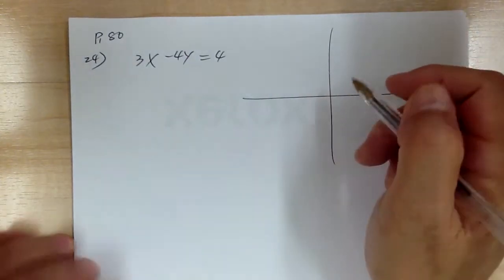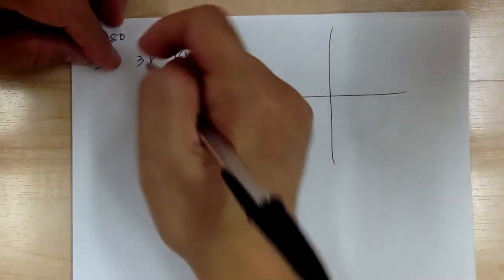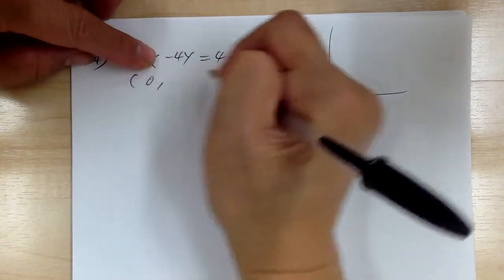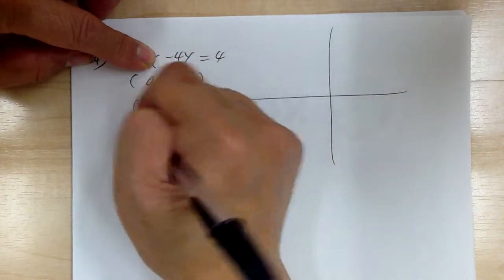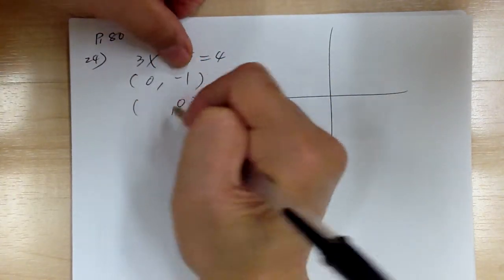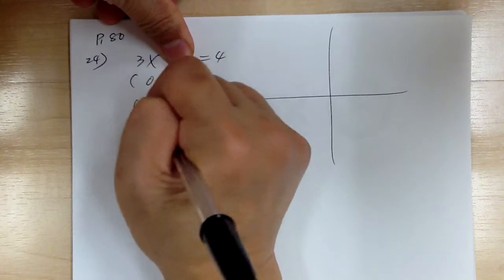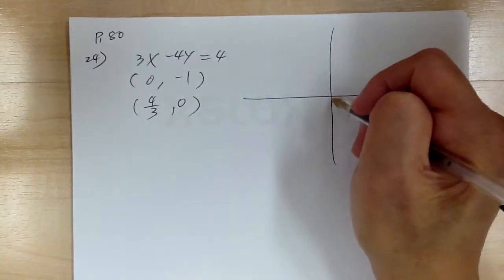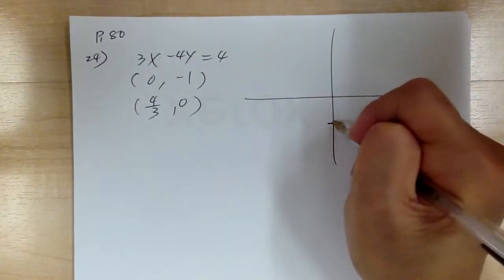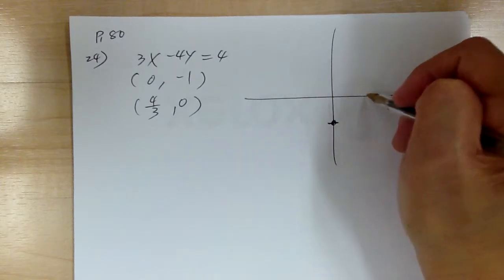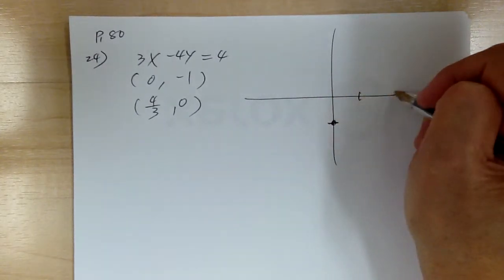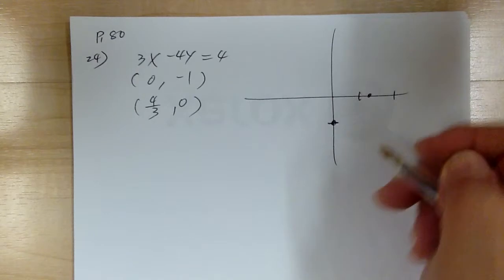If I make x equal to 0, then y will equal negative 1. If I make y equal to 0, x will be 4 over 3. So 0, negative 1, and 4 over 3, that's 1 1/3, so it'll be right over here.